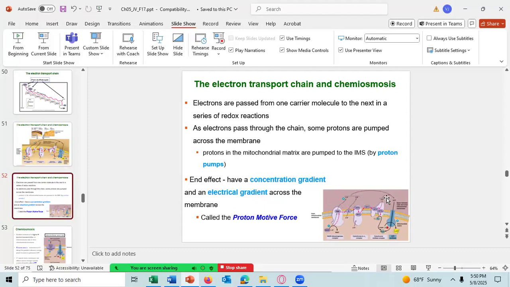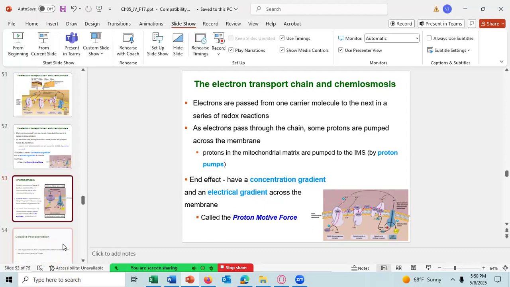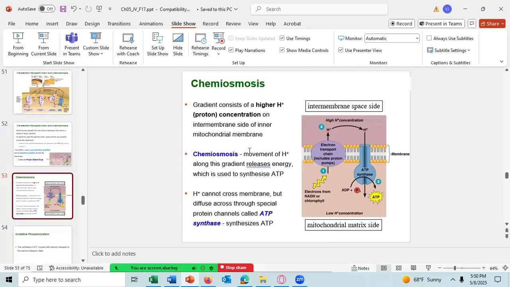And how that happens is the hydrogen ions flow through this channel protein, which for each hydrogen ion flowing through can make ATP by phosphorylating ADP with phosphate. And that's specifically called chemiosmosis. You don't need to know that.